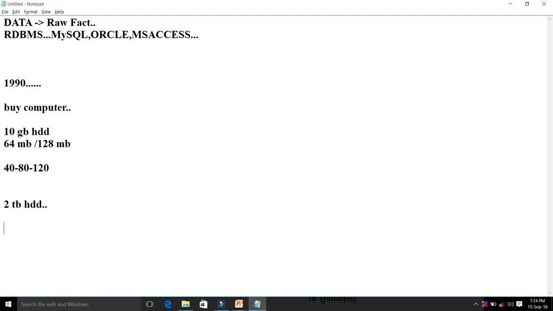This is very important: we carry 2 TB hard disks just to store data, because we have very large data sets. Years ago we didn't, but now we do.